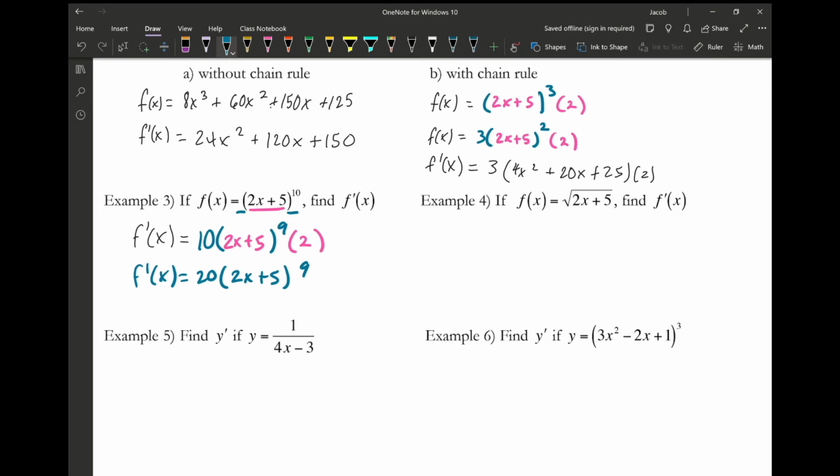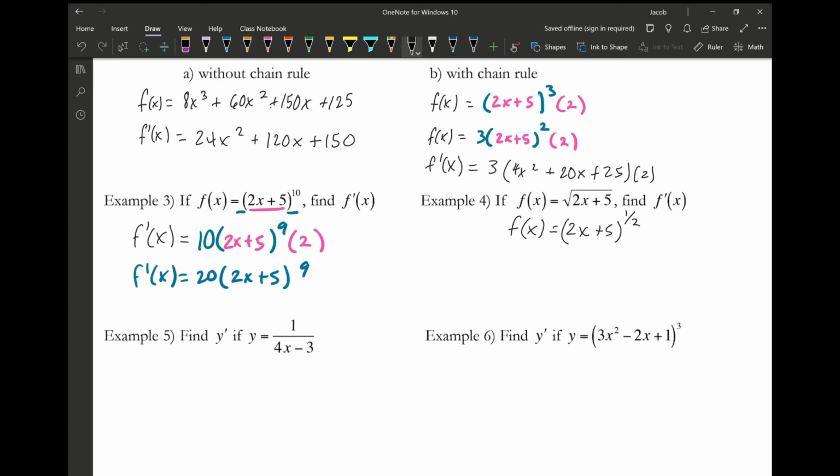For example 4, we do have to do a little bit of rewriting before taking the derivative. And I'm going to try this time to not show the group. So f of x is equal to 2x plus 5 to the 1/2 power. So here's the one that we just couldn't even do before.